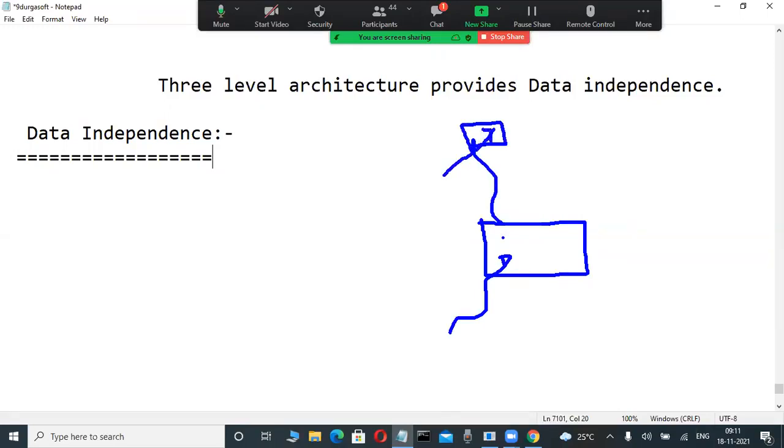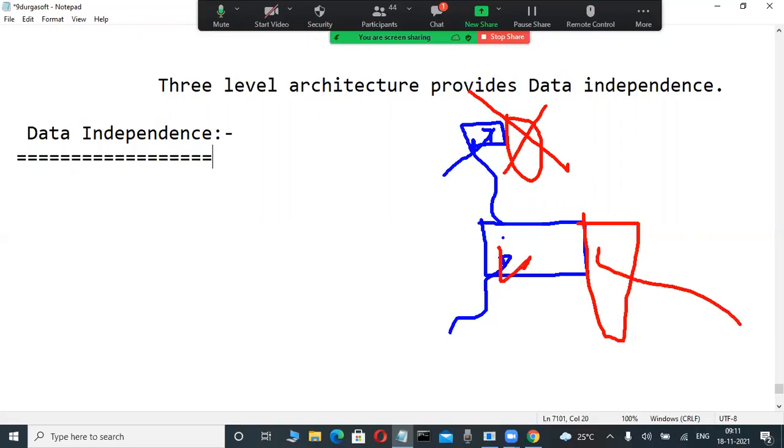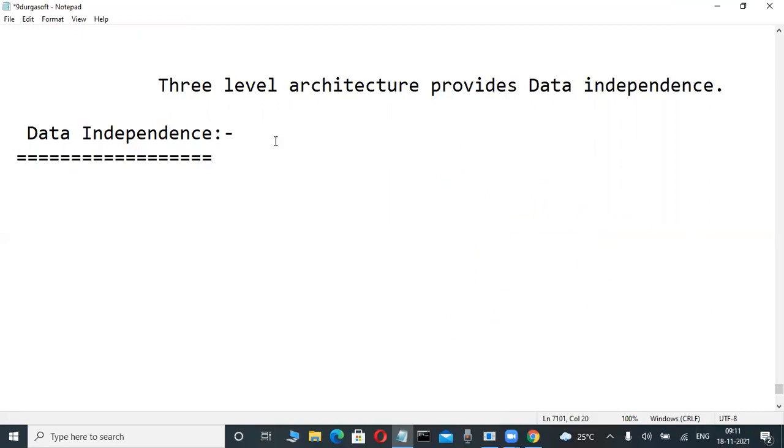Yes, data is added, but that is not a violation of structure. That's why structure is not affected, not data. Data is affected, but structure is not. That's why upper levels are unaffected by changes in the lower levels is called data independence in every database.